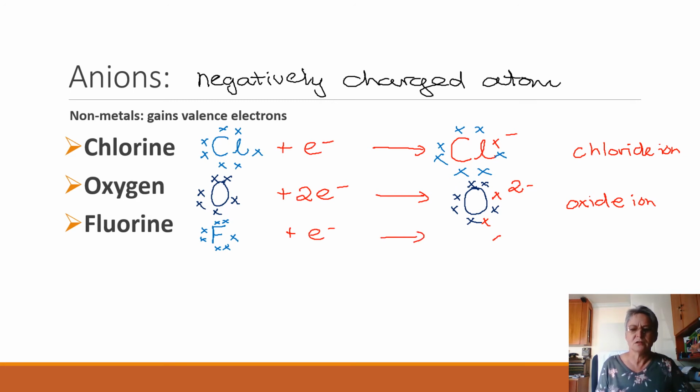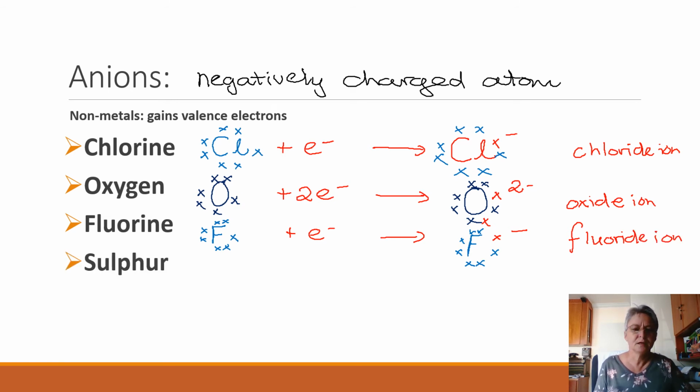So the fluoride ion will be like the chloride ion, negatively charged with a 1 negative, but we don't write the 1. Like in maths, you don't write 1 in front of everything. So this is called the fluoride ion.